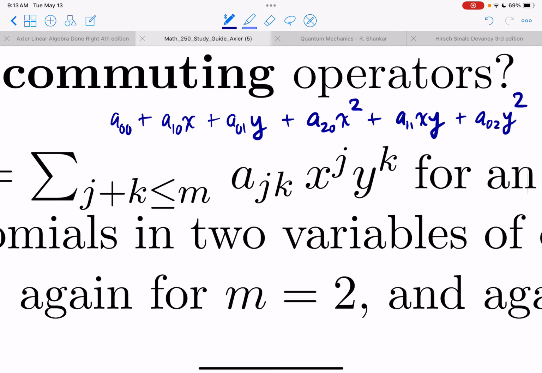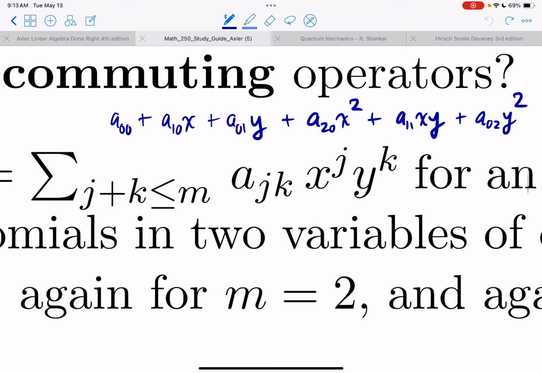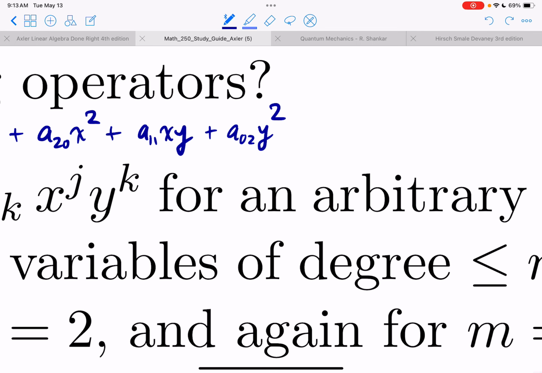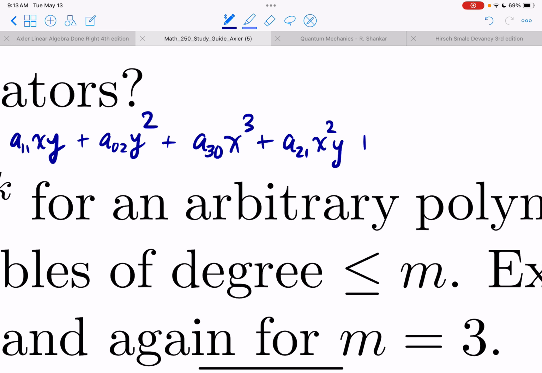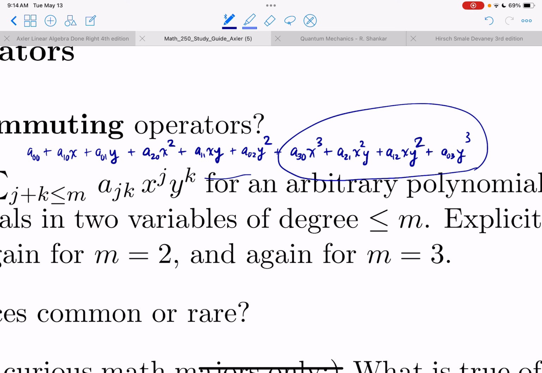And this is now the sum for m equals 2. This is an arbitrary degree 2 polynomial in two variables. And for m equals 3, I can have the 3,0 x to the third, the 2,1 x squared y, the 1,2 x y squared, and the 0,3 y cubed. So that's degree 3. You see I have 4, 3, 2, 1.